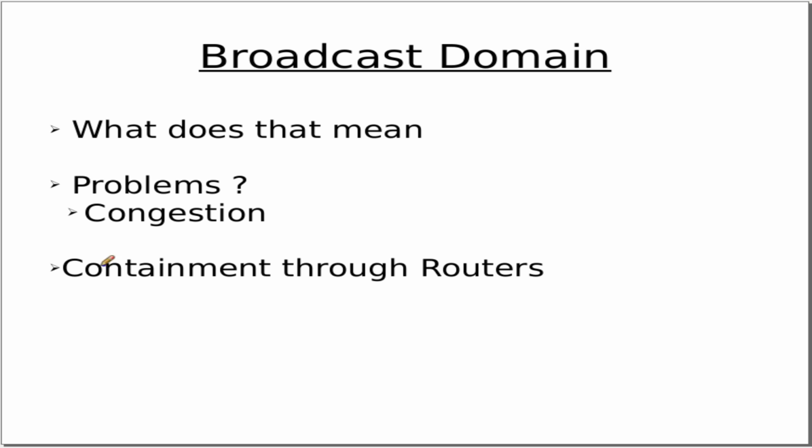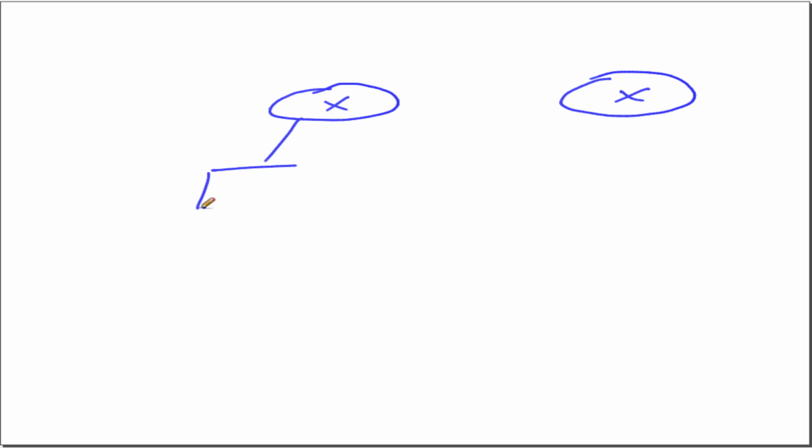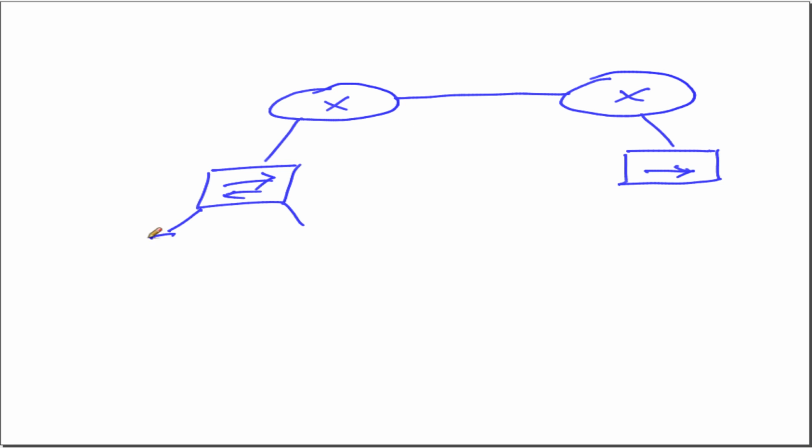What I mean by that is, let's say we have a router over here, and a router over here, and on this router we have a switch, and with this router we have a hub. These routers are interconnected, and with this switch we have 2 hosts, and over here we have 2 hosts.